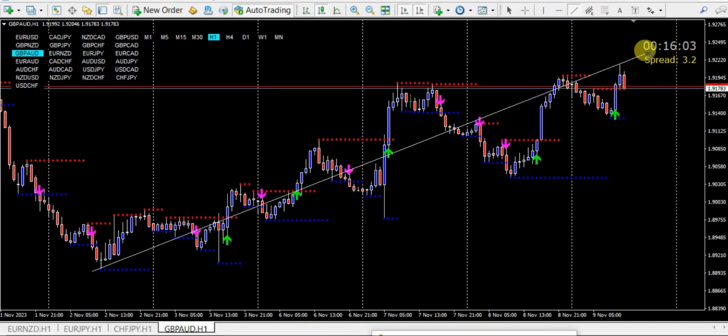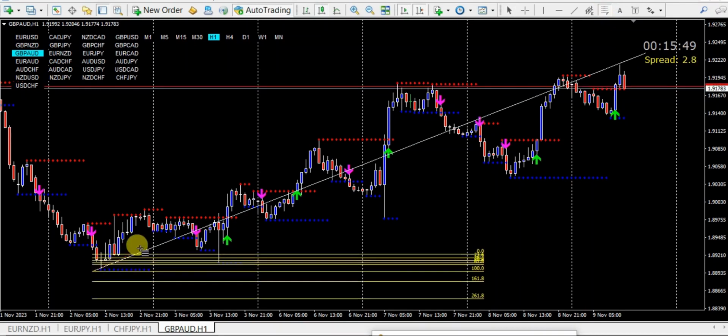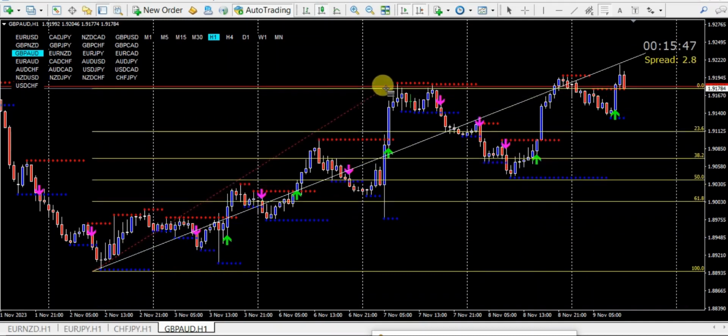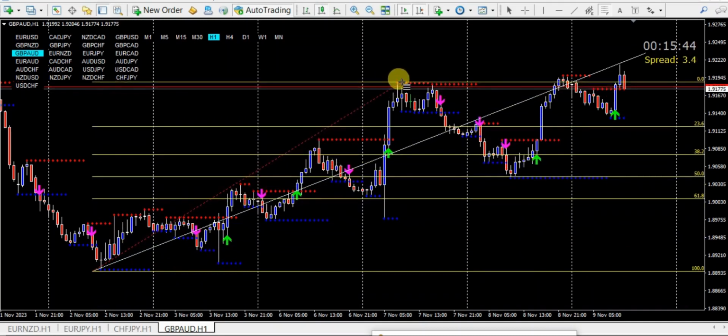So we are going to use it as an example. Since we are going upward, you have to plot, use this place as a starting point, that is the lowest of the low, up like that, up here. So this is 0, this is 100.